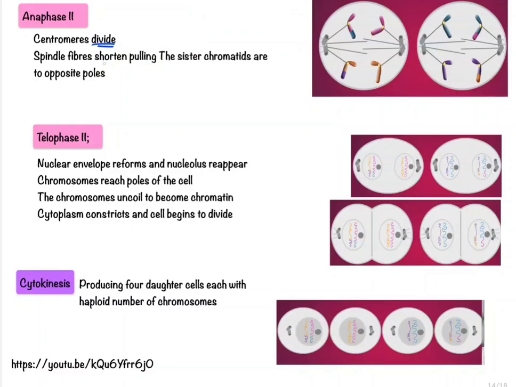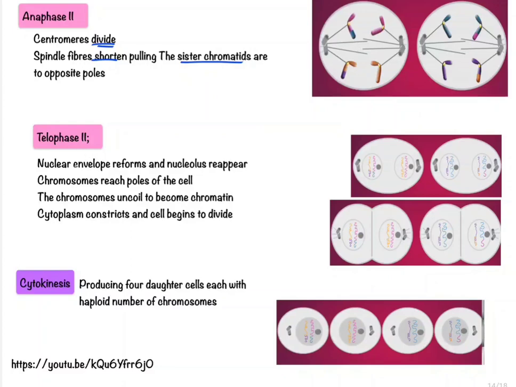The spindle fibers shorten, pulling the sister chromatids to the opposite poles. Last time we were talking about anaphase I, we said that the spindle fibers shorten, pulling one of each pair of homologous chromosomes. Now they only pull the sister chromatids. Okay, so this is a chromatid and this is another one.